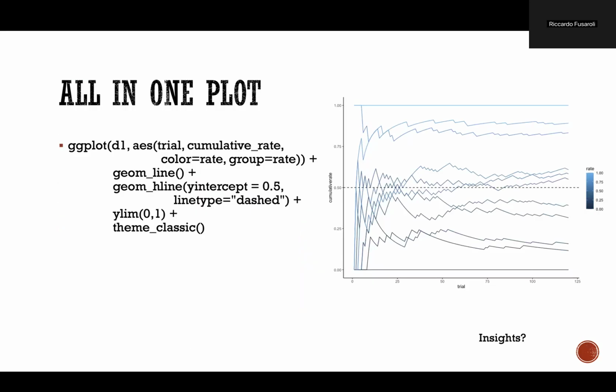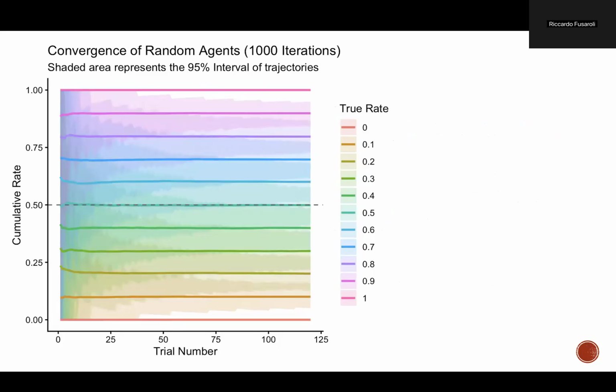Okay, and that again might not be the only representation that you want to have. So here I did something else. I ran that loop 1,000 times so that I can actually show you the variance for each rate. What you can see here are darker lines, which are the mean of the cumulative rate across the 1,000 agents, and you can see they're basically straight lines. There's something off at the beginning, but they converge extremely rapidly.